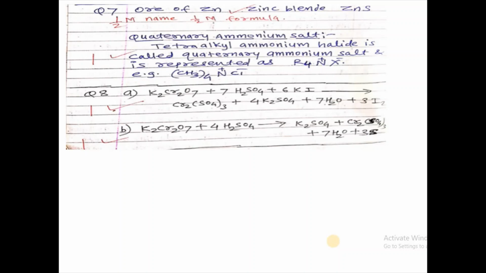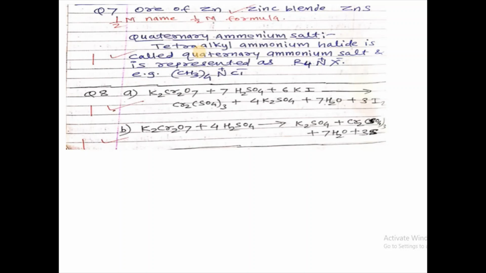Question number 7 is: write the name and chemical formula of 1 ore of zinc. The ore name carries half mark and the formula carries half mark. Zincite or zinc blende. Zincite has formula ZnO, or zinc blende has formula ZnS, half mark to the formula, half mark to the name. And again asked: define quaternary ammonium salt.